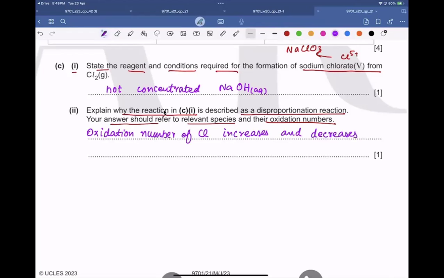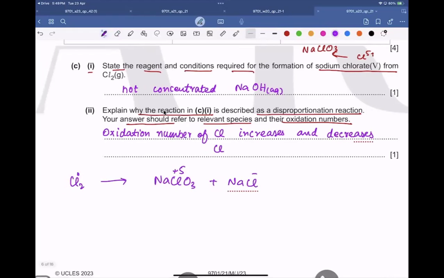Chlorine is Cl2, right? So from Cl2, where its oxidation number is 0, it turns to NaClO3, where the chlorine becomes +5. Besides this, NaCl is formed where the oxidation number of chlorine is -1. So over here it increases, it goes from 0 to +5. And when we say it decreases, it goes from 0 to -1. Is this clear to all of you?